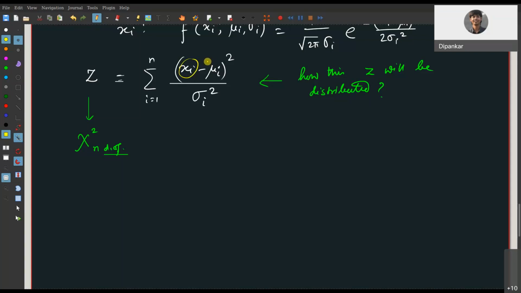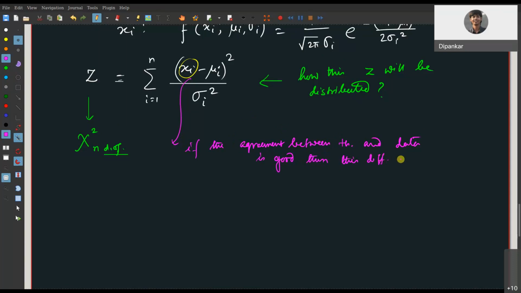If the agreement between theory and data is good, then this difference is small.